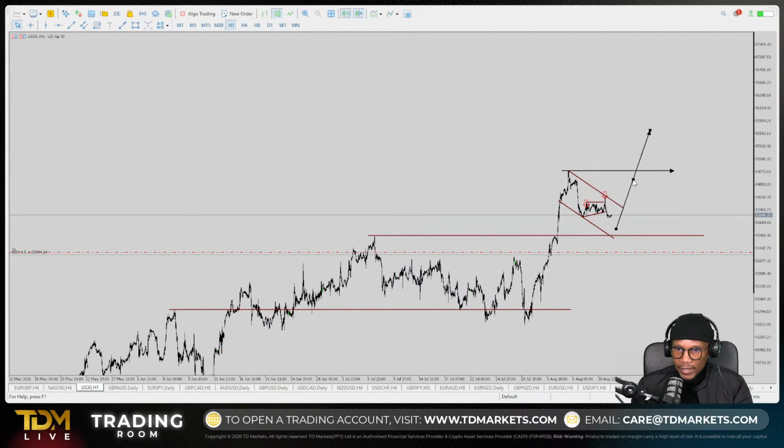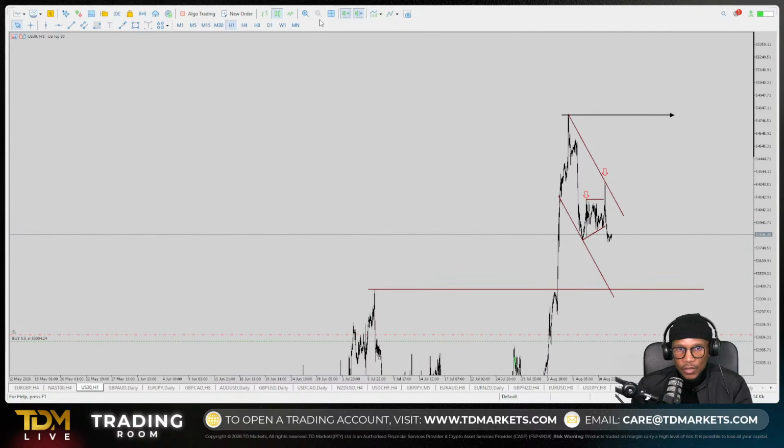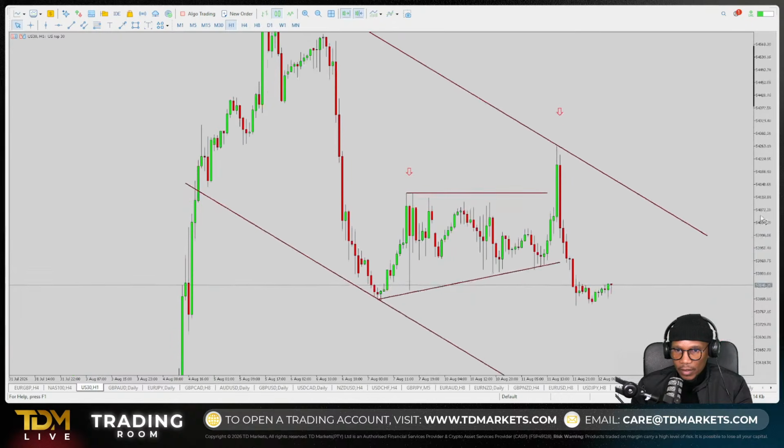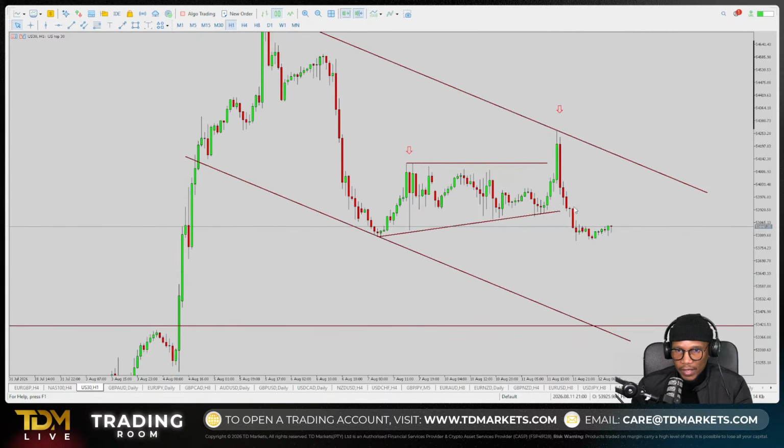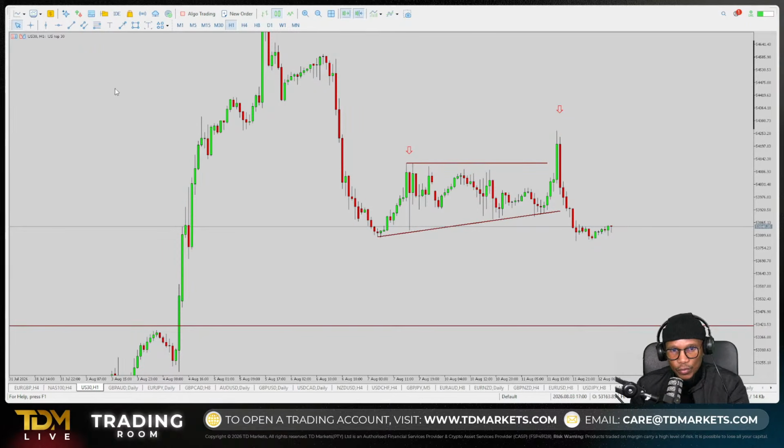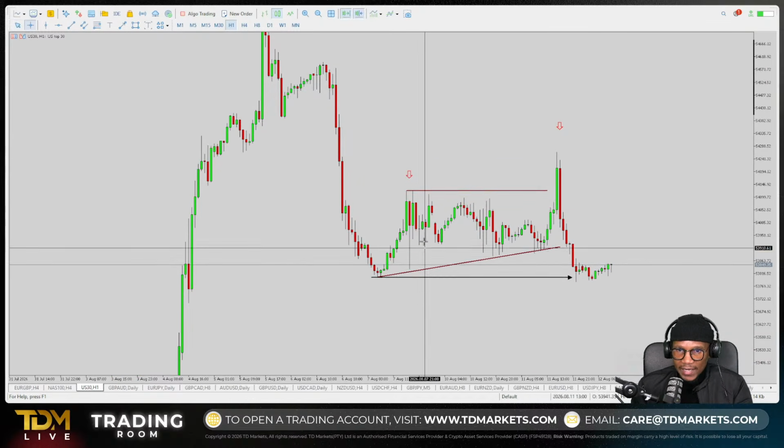So while we're waiting for that swing, what could price do here? The pattern is done. We've got the impulse move that went back down to this previous low. So whatever you see here, guys, is complete.